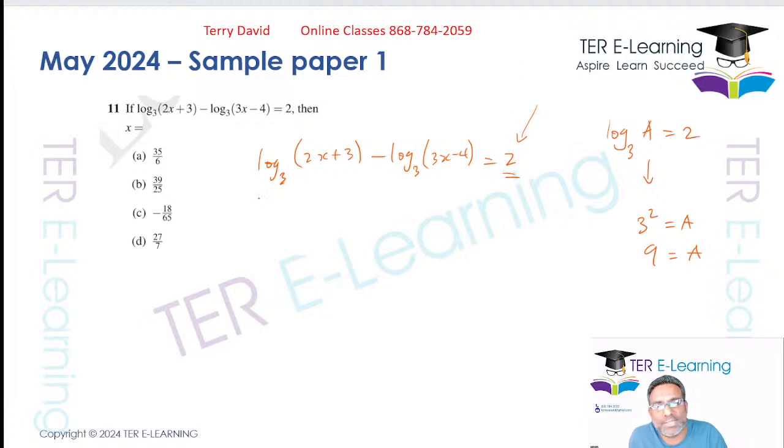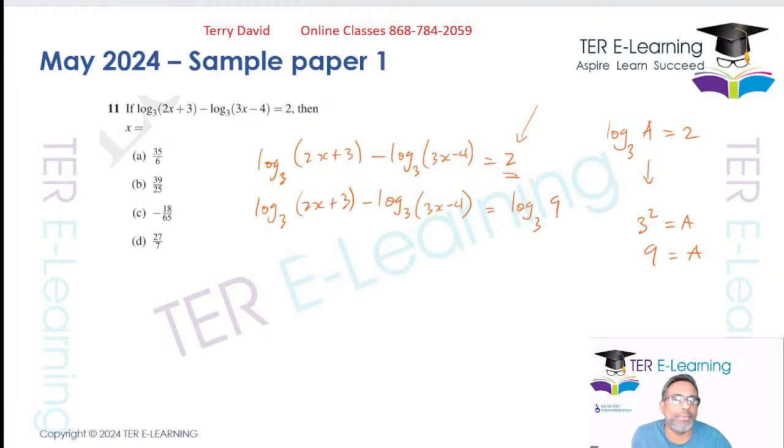On the left hand side, let's not do anything here yet, but 2x plus 3 minus log to base 3 of 3x minus 4, and this 2 here you can replace as log to base 3 of 9. You can't work the problem with the 2 as is.